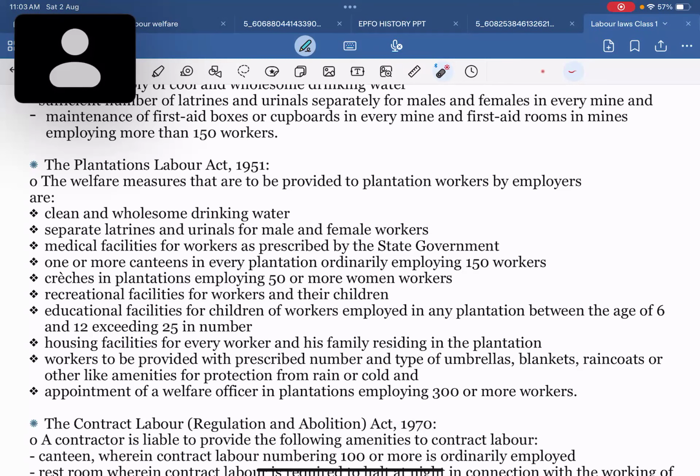Means in a canteen there are four persons working. Suppose there is a washroom and no one is working in the washroom, or suppose someone is guarding the washroom, then it will come under statutory. If there is no one guarding the washroom, then it will be considered intramural. Got my point?